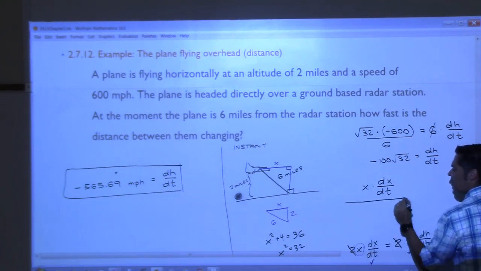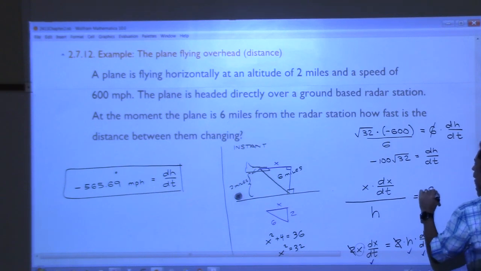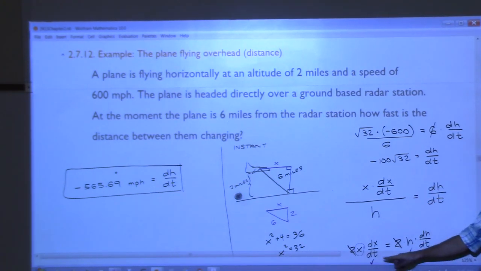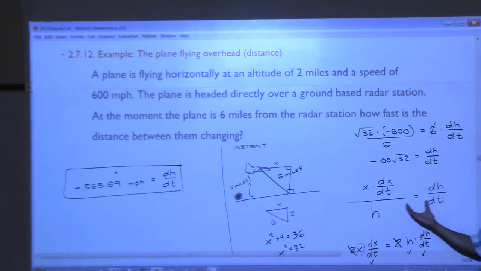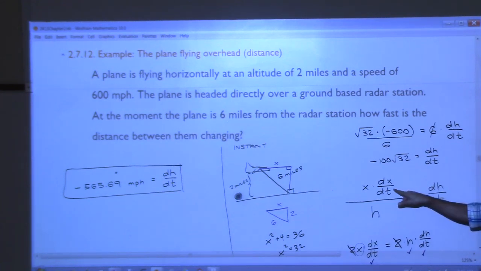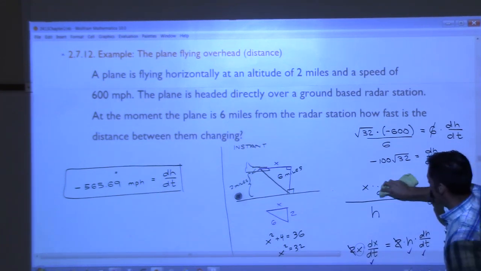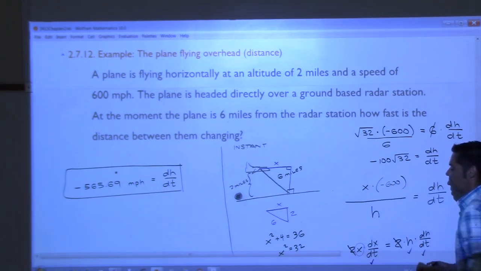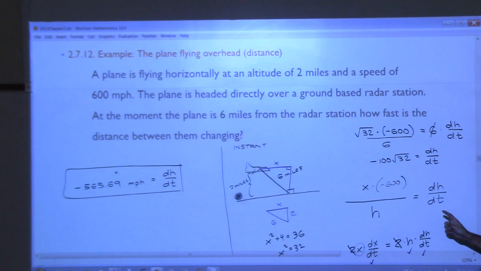If I take that whole side and divide it by h, I would have dh/dt here. So just divide both sides by h. This formula tells you how fast that rope is coming out of your hand. dx/dt is the speed of the plane, isn't it? That's always negative 600.